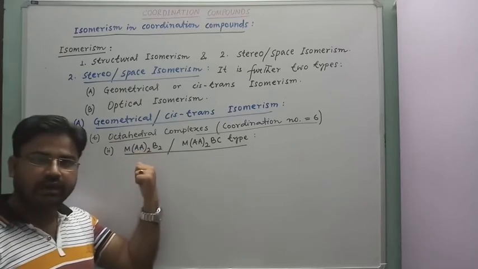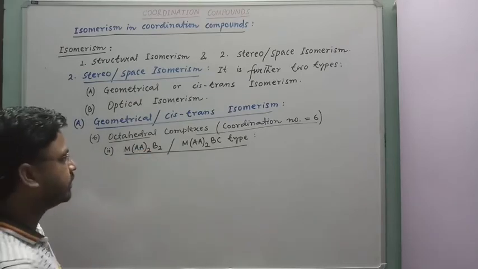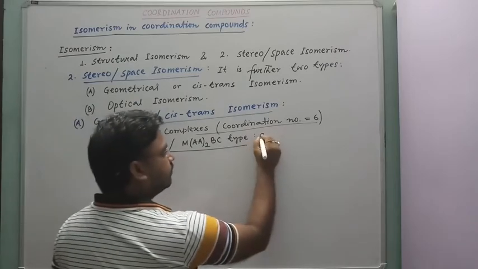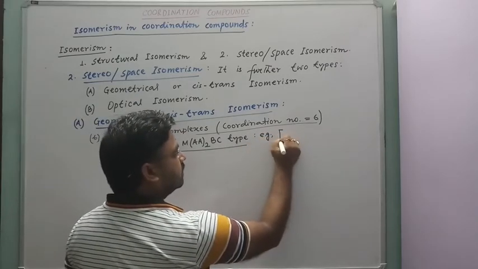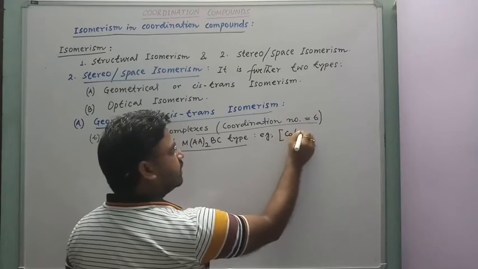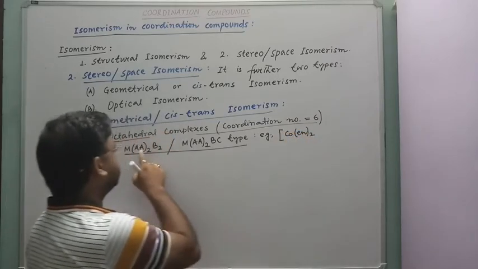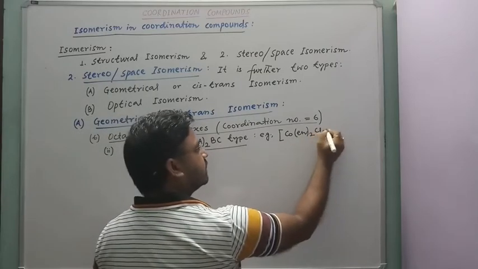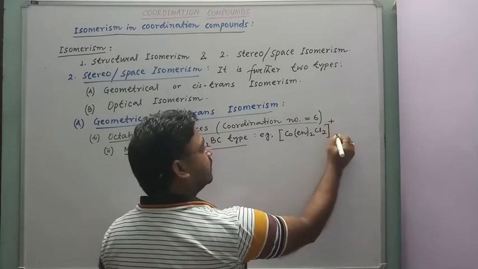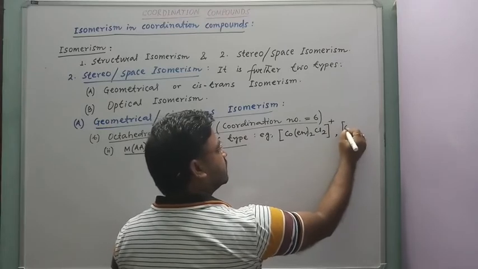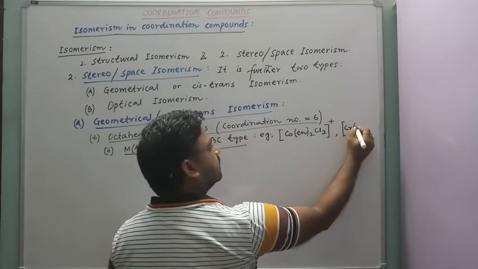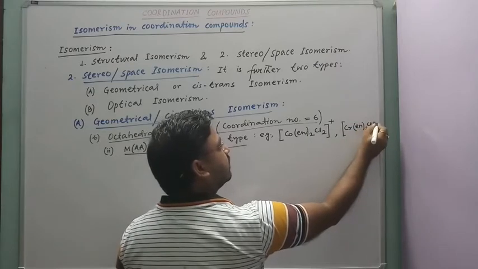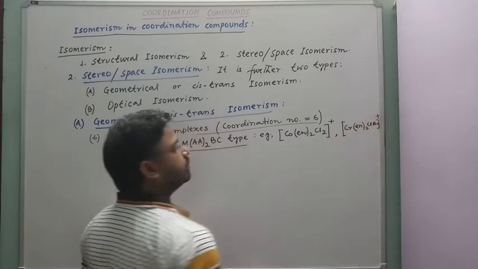AA is the didentate ligand with the same donor atom. So B2 or BC. Example, say Co(en)2Cl2 positive, where en2 is AA2 and B2 is Cl2, and Cr(en)2ClBr positive.